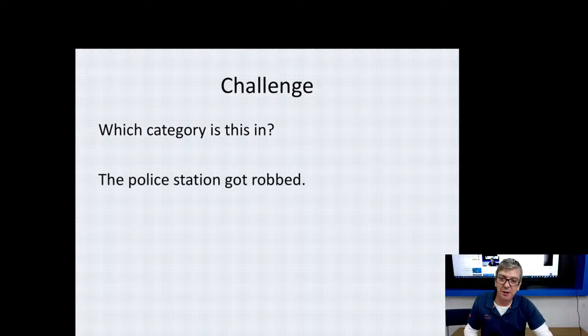This is different to all the others, so which one is this? It's not metaphor, it's not simile, it's not pun. Think about what's happening. So there's a challenge for you.